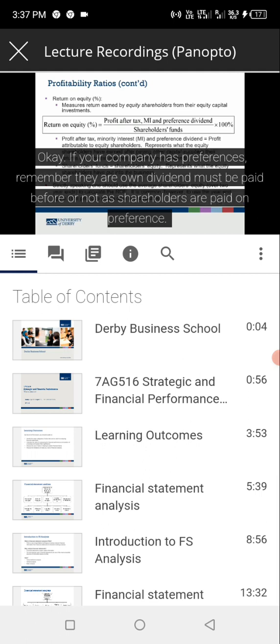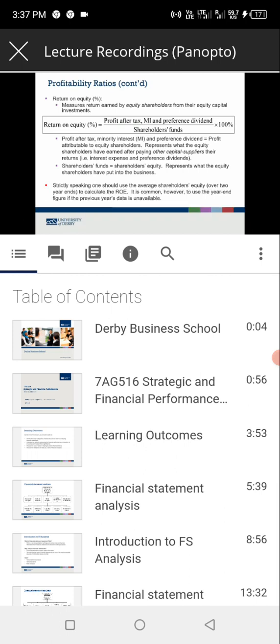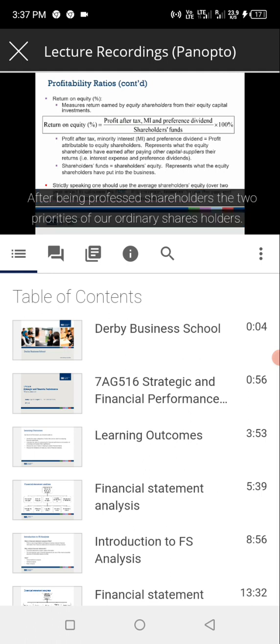If your company has preference shares, remember their own dividend must be paid before ordinary shareholders are paid. And preference dividend needs to be separated from the profits of the company. It is what is left that belongs to the shareholders after paying preference shareholders. They take priority over ordinary shareholders.